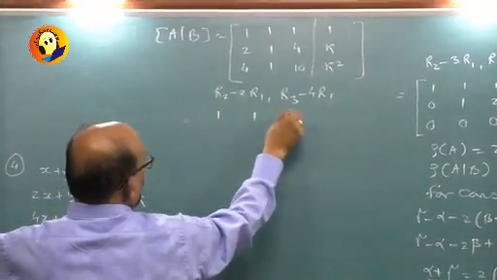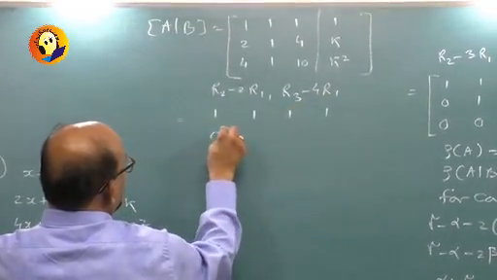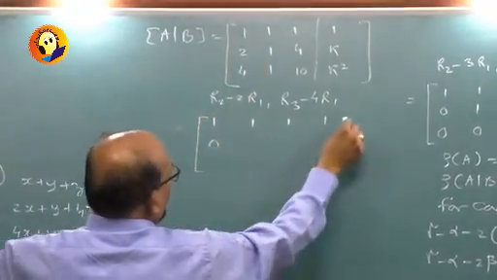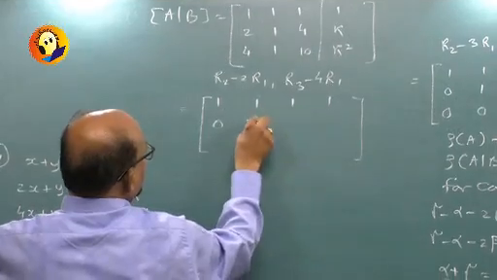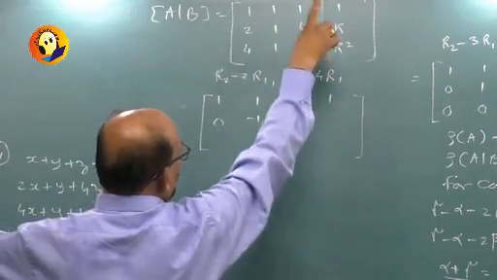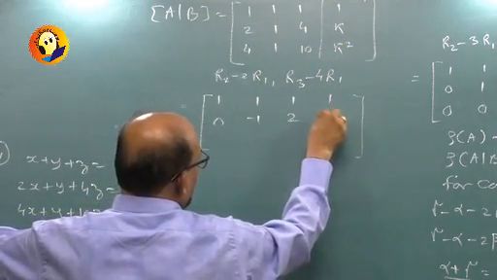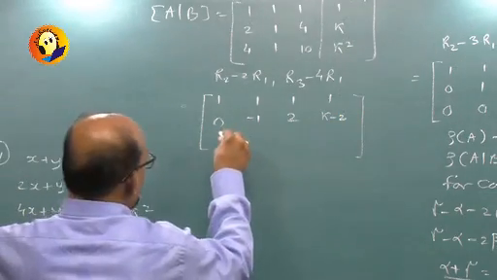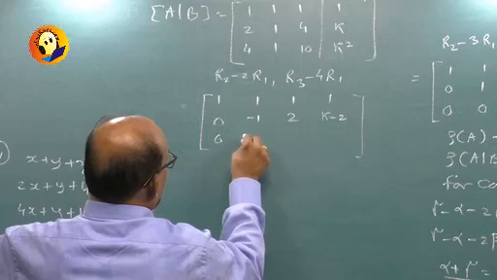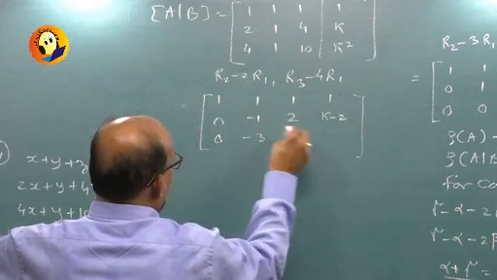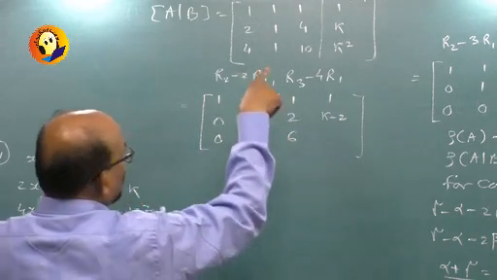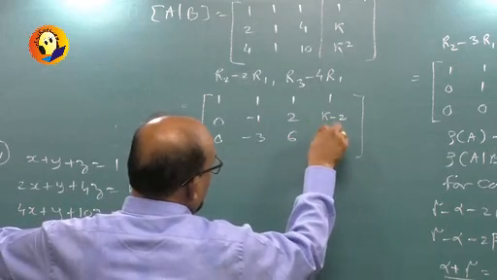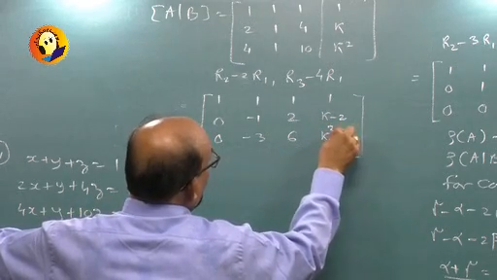It is 1 1 1 1. This is 0. When we subtract twice, this is minus 1. This will be 2. When we subtract it twice, it will be k minus 2. And it is 4 times, so it is 0, minus 3. This will be 6. And 4 times subtracted, it is k square minus 4.